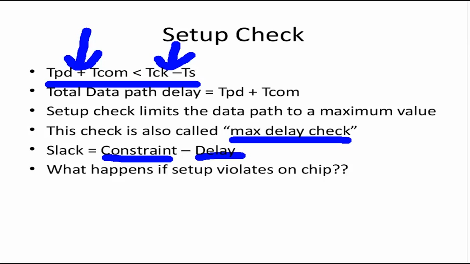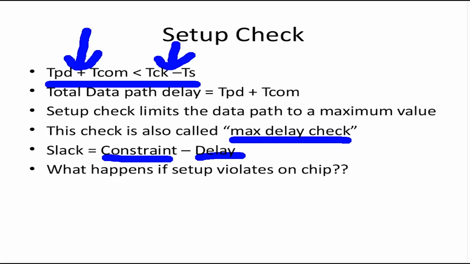Now what happens if setup violates on a chip? Let's say I designed a CPU. I had some problem in my STA, I did not know how to do it properly. The chip is fabricated and now does not work at 1 GHz. We try to make it work. Externally, we can control TCK. There is a crystal on the chip which we can program for the clock.